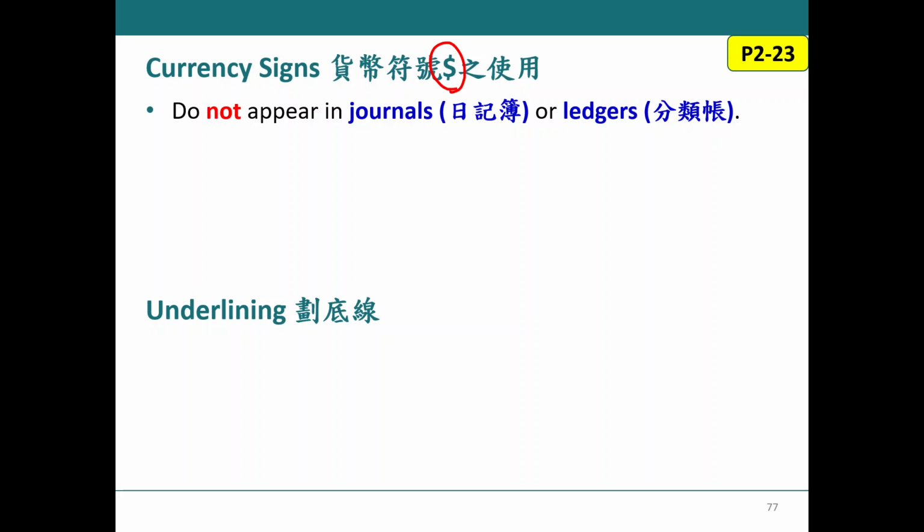You don't need to, because these two accounting books are only for our internal use. We will not give these two accounting books to anyone else. We will not show them to outsiders. So only for our internal use, we don't need to care about the format. We want to save our time.